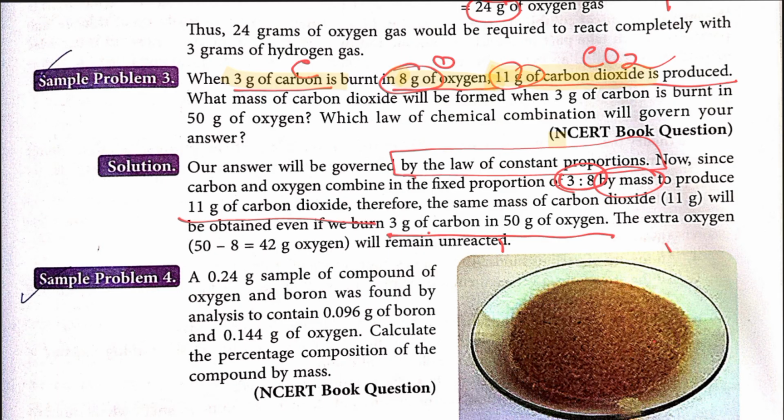If you give less, it won't work, and if you give more, only 8 gram will be used. So it will obviously produce 11 gram of carbon dioxide then also, because out of your 50 gram, it will use 8 gram only. And whatever extra oxygen is there, 50 minus 8, it will be remaining unreacted.